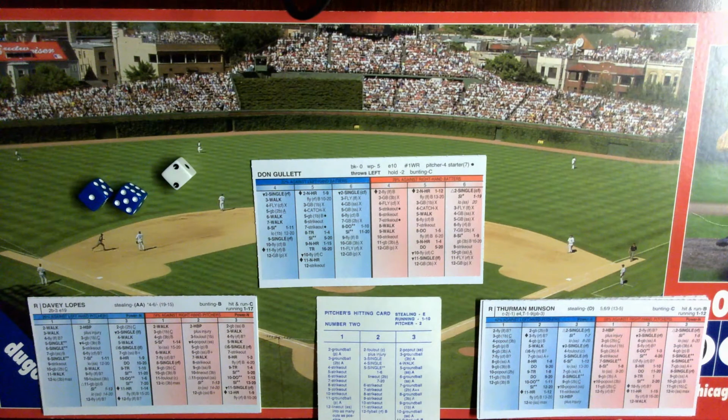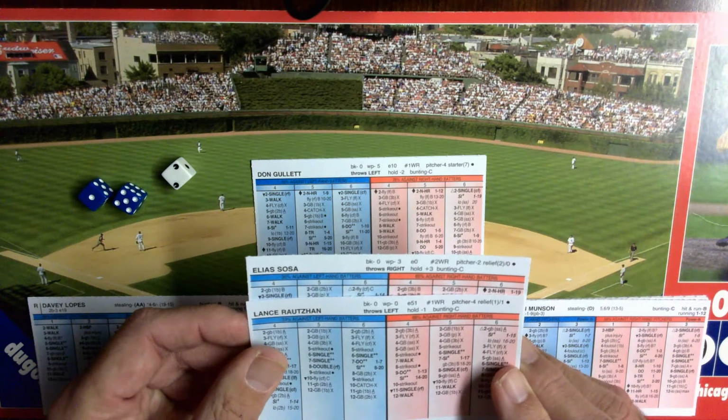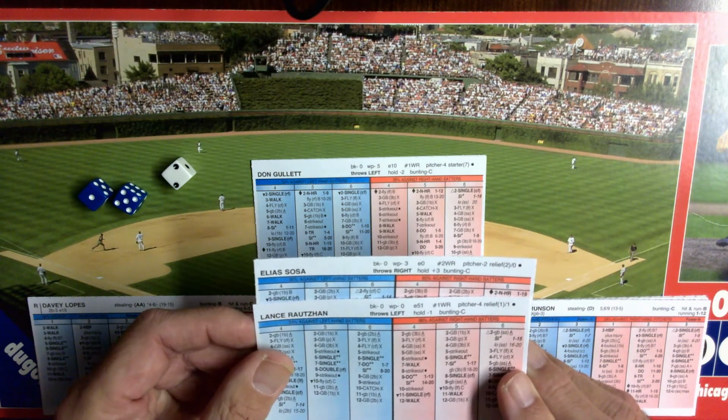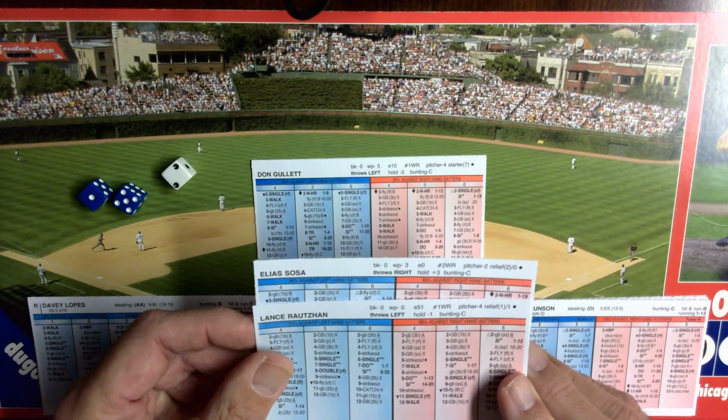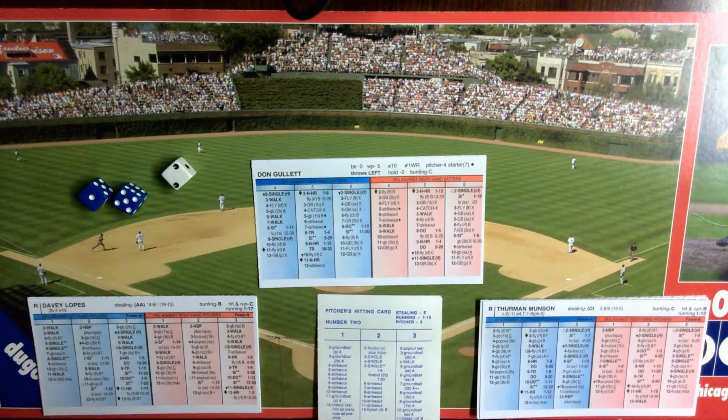All right, so we are in the top of the 6th. Both Gillette and Sutton are pitching very well. However, I am going to get bullpens for both teams up and going. So in the Dodgers bullpen, we're going to have the right-handed pitcher Elias Sosa, and the left-handed pitcher Lats Routson, get up and start tossing. Okay, Sutton should run into a problem.